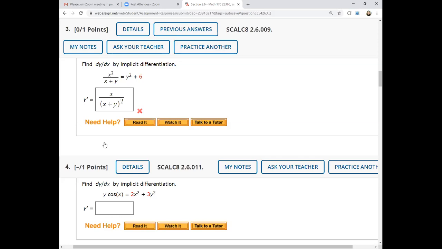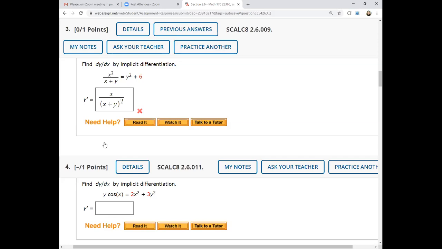So we have negative y sine x plus cosine x dy dx equals 4x plus 6y dy dx. And so I'm going to move the dy dx terms to the right and pull the 4x to the left.